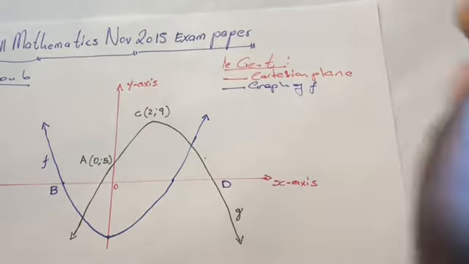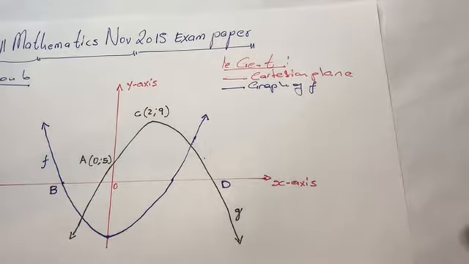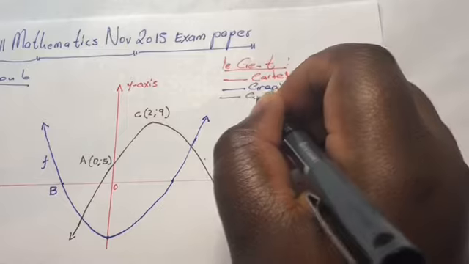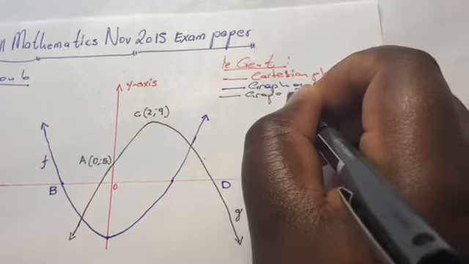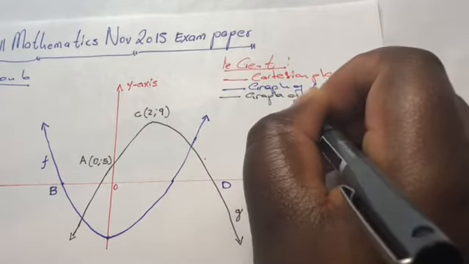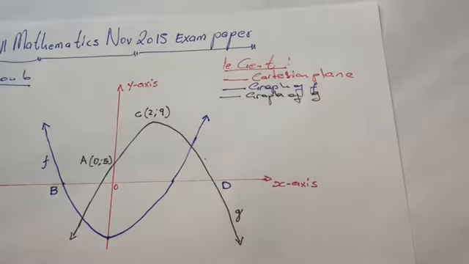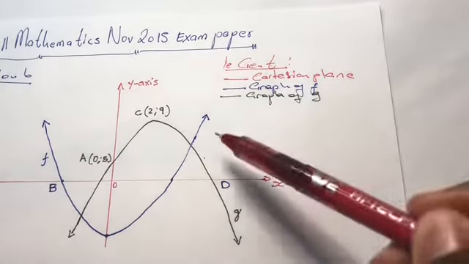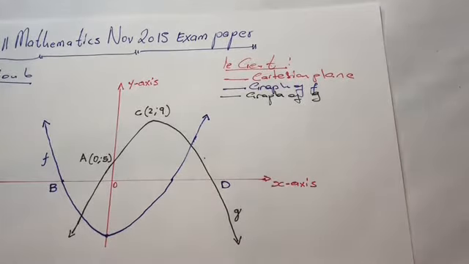We also have the graph of g in black. The reason for this, guys, was just to make it easy for you to notice how many graphs you've got, and also to distinguish the axes from the functions that we have.